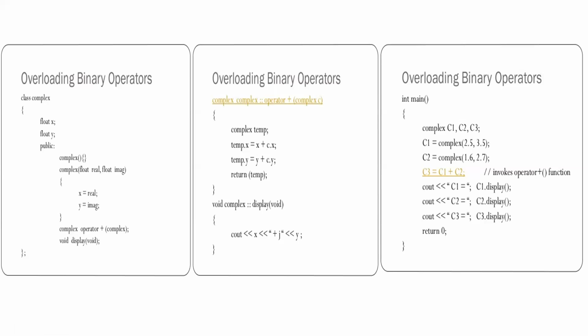Okay, so when I say c1 is equal to complex 2.5 3.5, this invokes my constructor 1. कौन सा constructor है मेरा? ये parameterized constructor. ठीक है, इसमें values चली गई हैं. और ये वाले में C2 complex 1, this again is invoking the same constructor.